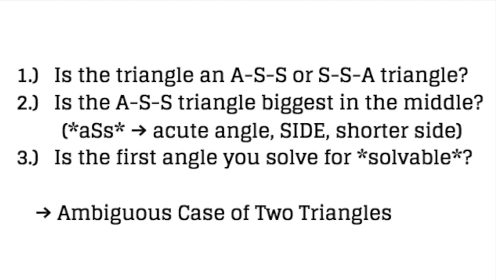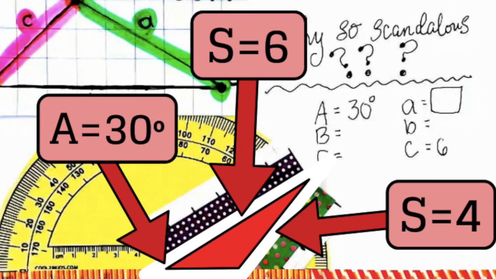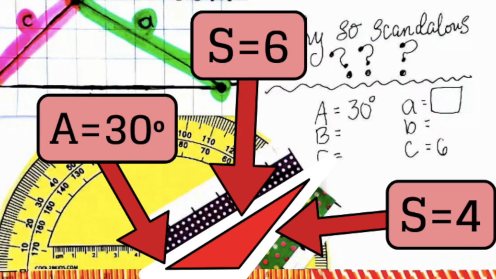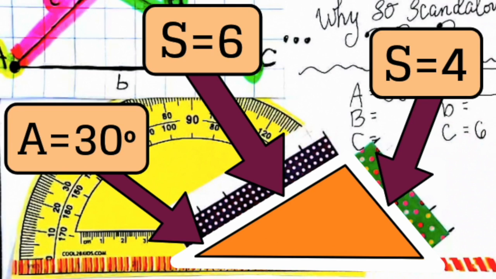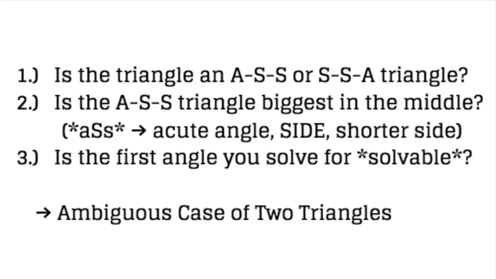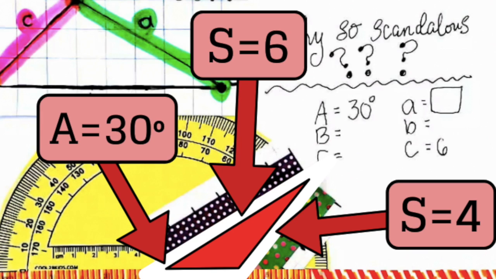Or it could be a little bit longer and it can make a triangle. But if it makes a triangle such that the side length we are using for the side opposite the given angle is less than the length of the side adjacent to the given angle, in those cases we will make two triangles, where the second angle for angle C is found by 180 minus the answer we got the first time.